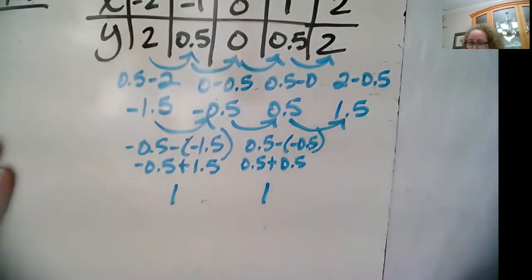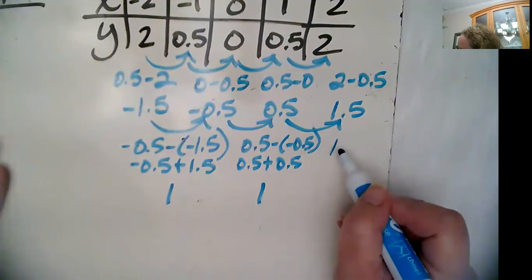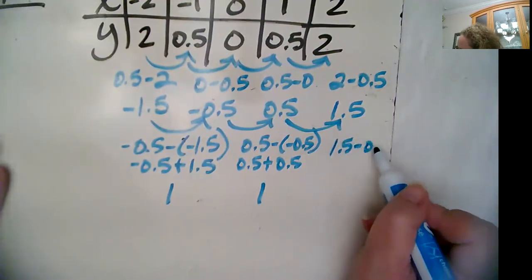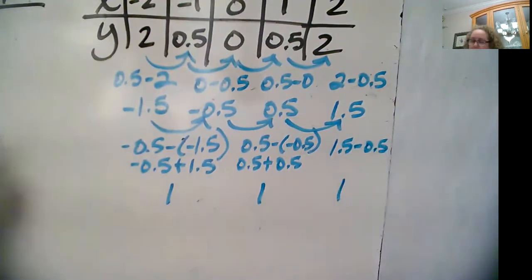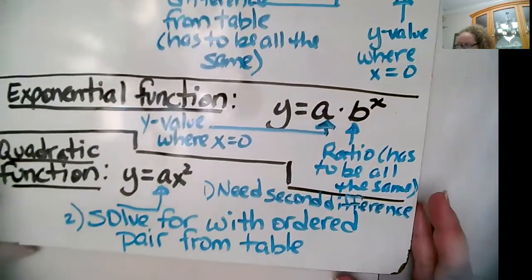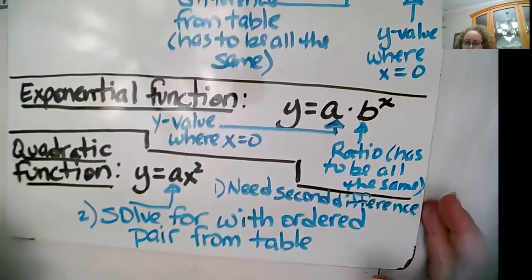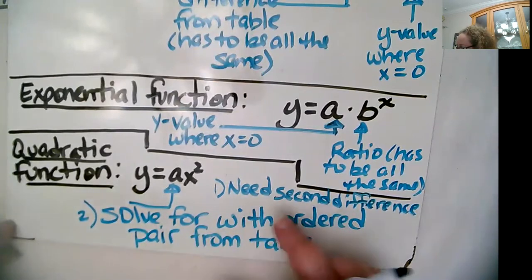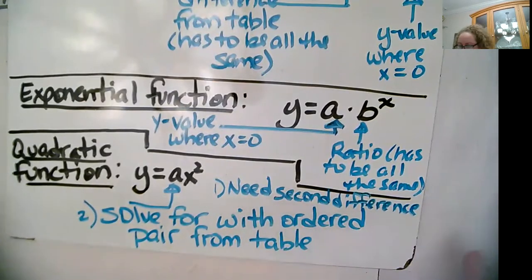And then our last one from here to here, 1.5 minus 0.5 gives us 1. So when we look at our criteria over here, which helps us determine what type of function it is, it definitely is a quadratic because we got the second difference to be the same.